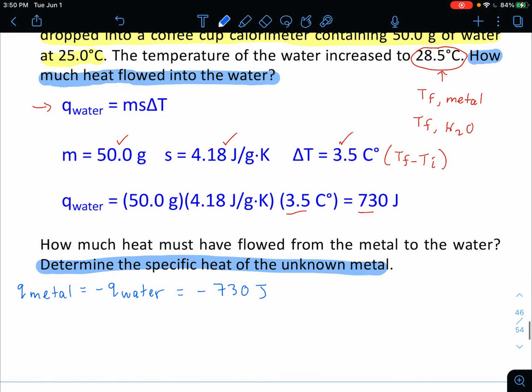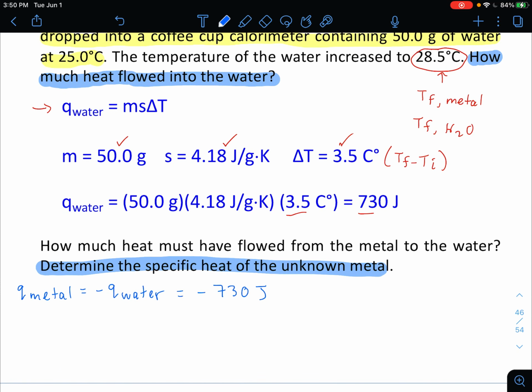And then finally it asks me, determine the specific heat of the unknown metal. Well, if Q equals ms delta T, we already came to the conclusion we can rewrite that as S equals Q over M delta T. But now I have all of those values to plug in.